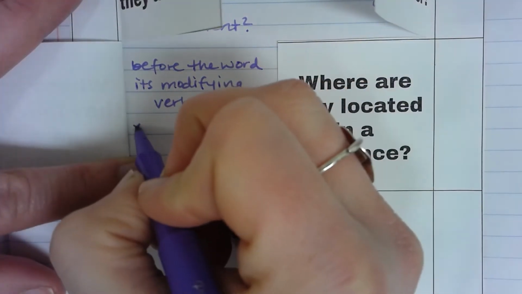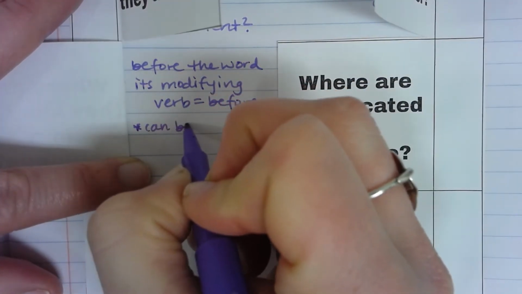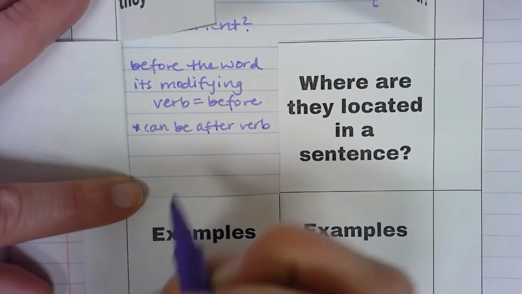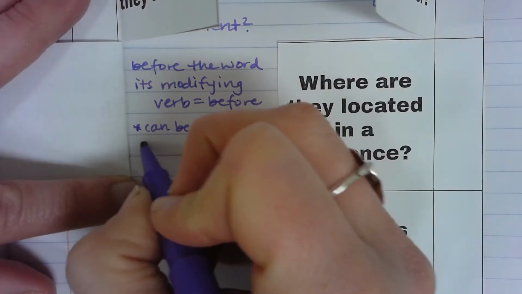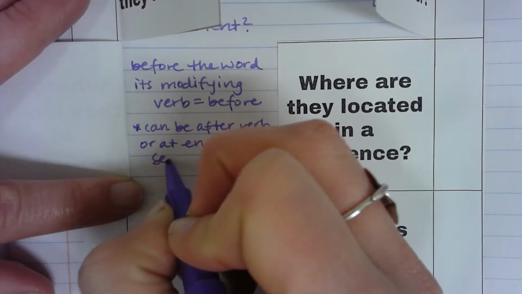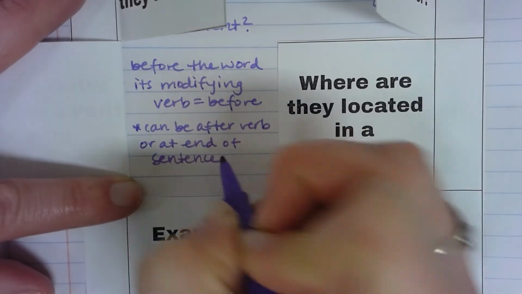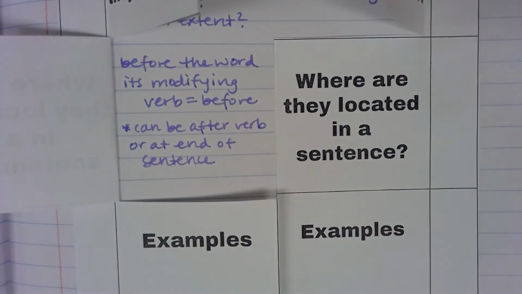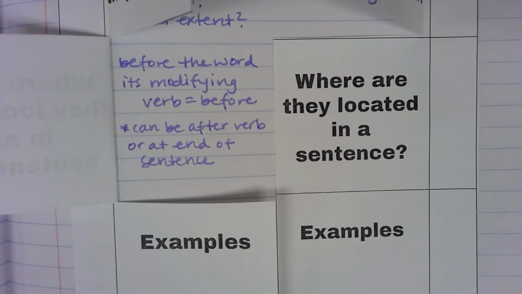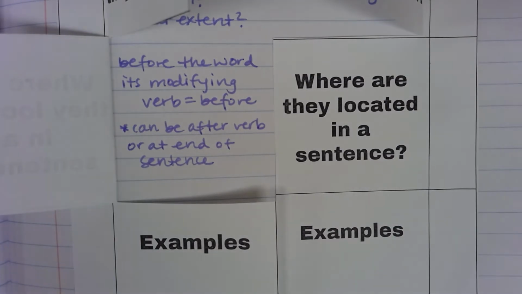It can be after the verb, or at end of sentence. A lot of times it's going to be right before the verb, though, so that's why we have that right up there. Sometimes it could be at the end of the sentence. May have a word or two in between the verb and the adverb, but otherwise it's most likely going to be very near the verb.